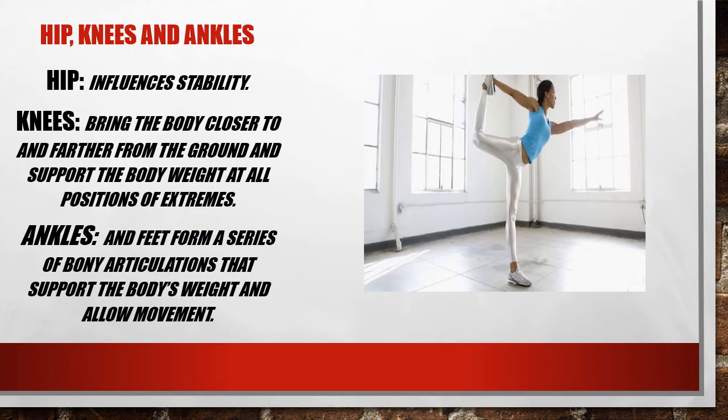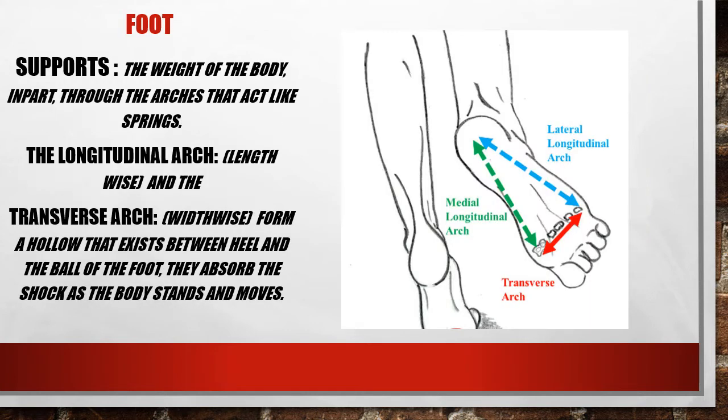The hip influences stability, like I said. The knees bring the body closer to and farther from the ground and support the body weight at all positions and extremes. And the ankles and feet form a series of bony articulations that support the body's weight and allow movement.